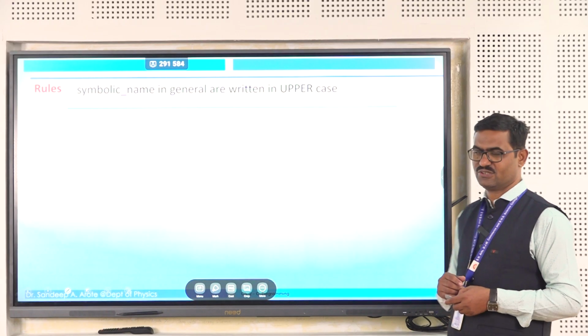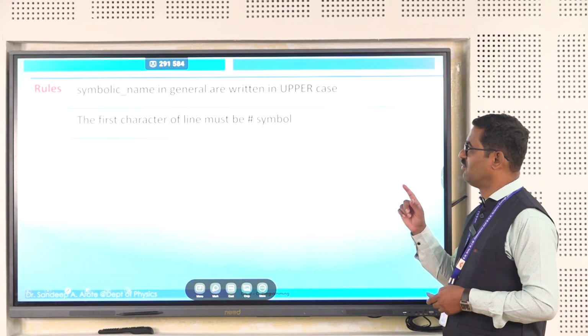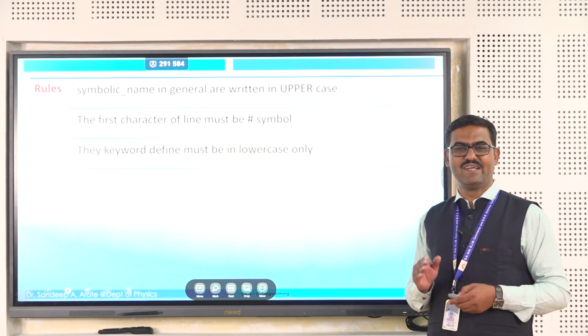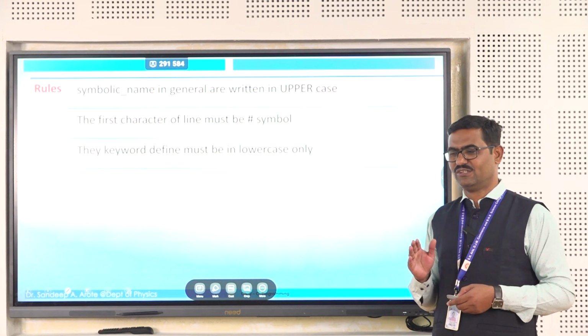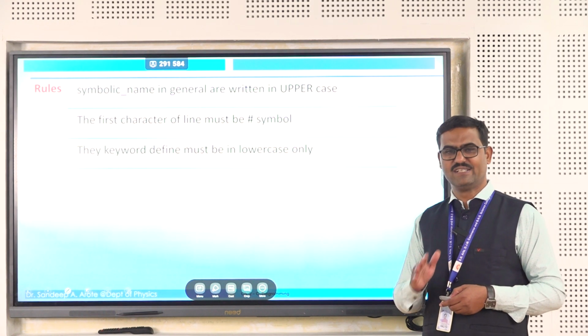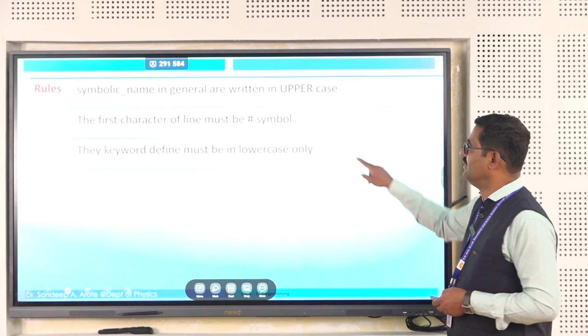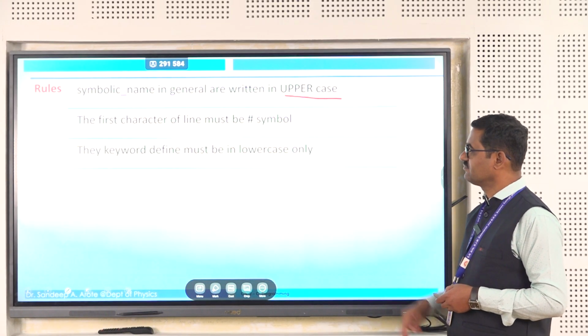Now, what are the rules to construct a symbolic constant statement? The symbolic name must be a valid identifier, and for general purpose you can write it in lower case, but to separate it from general variables, the practice is to write it in uppercase.